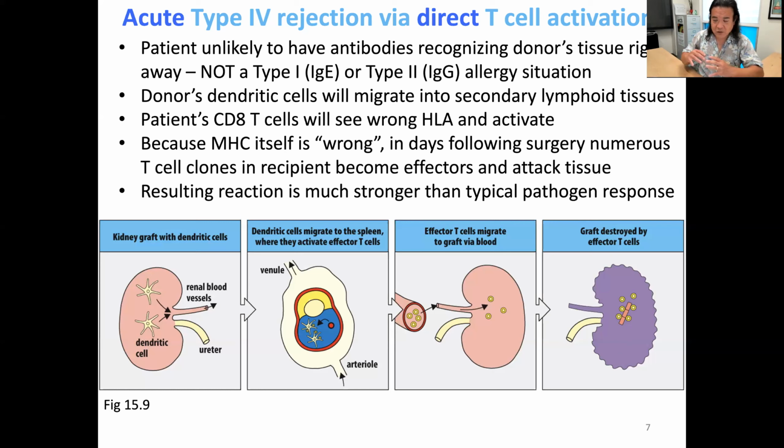This is more drawn out. This involves T cell selection, T cell activation. This would take a few days. But look, a few days is still really fast. That's really sad if after all that waiting for a donor organ, and all the preparation and hours of surgery, just a few days later, the kidney is destroyed by the immune system.